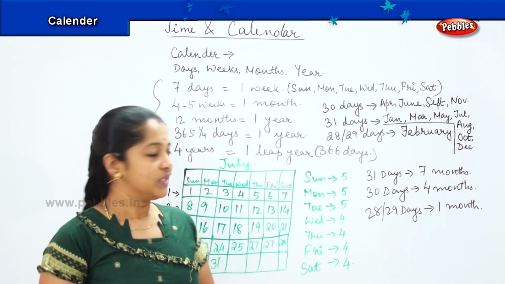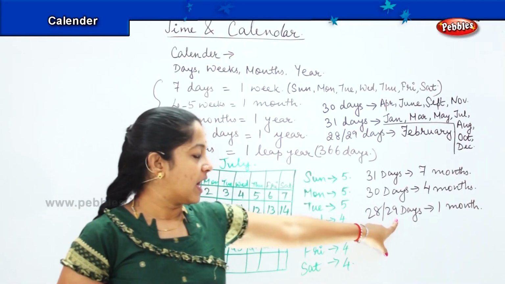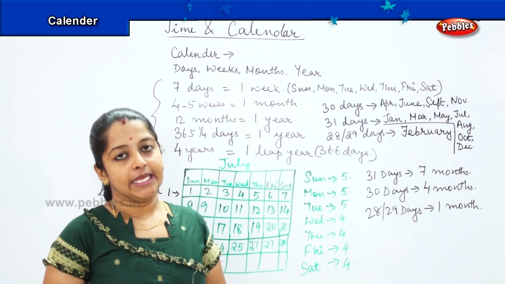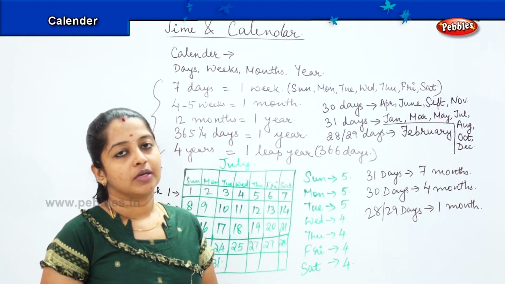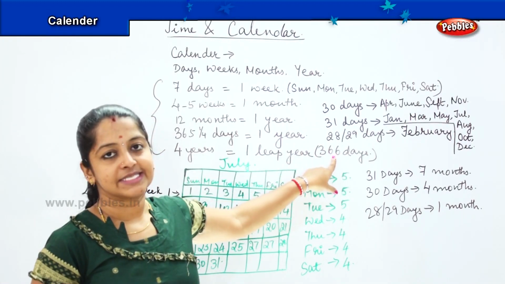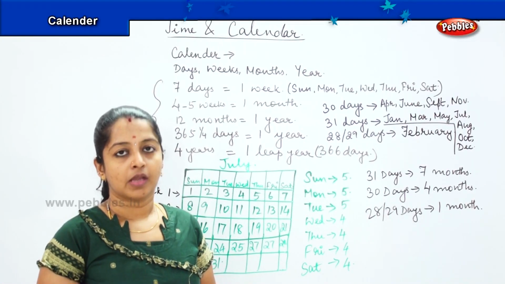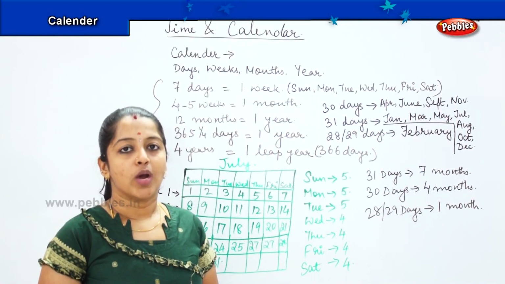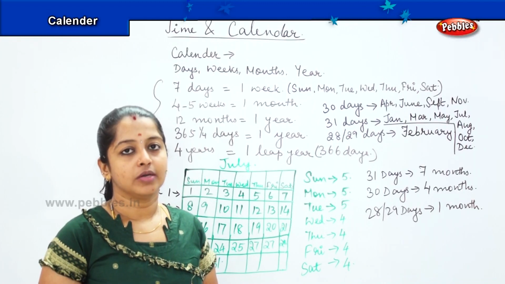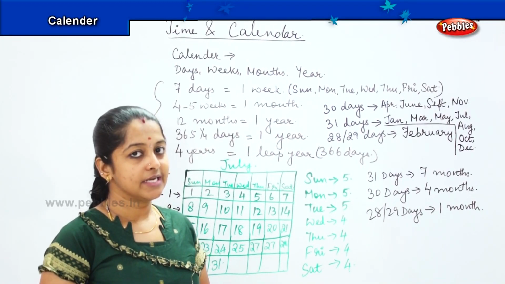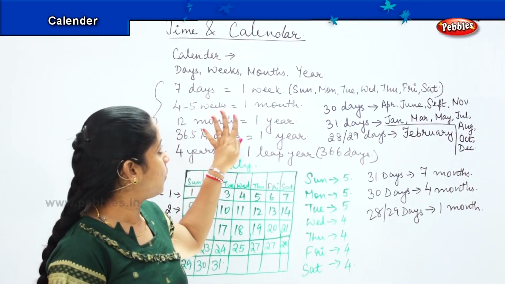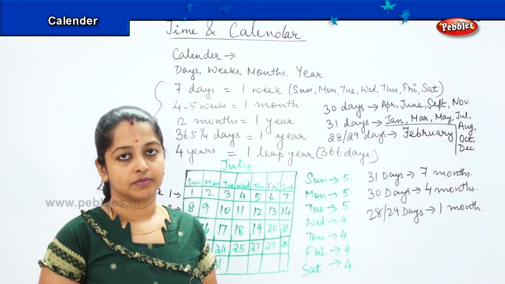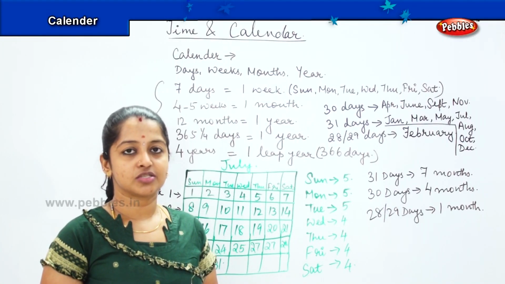So the year which has a leap year will have 29 days in February, and that particular year will have 366 days. So leap year comes once in every 4 years. So is it clear, children? Are you clear with the calendar? Shall we do some sums based on the calendar?